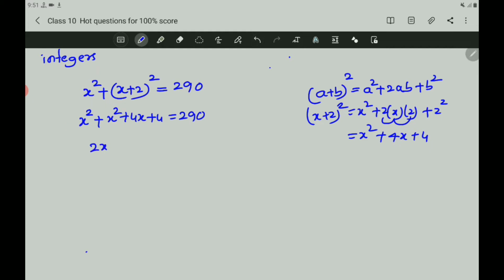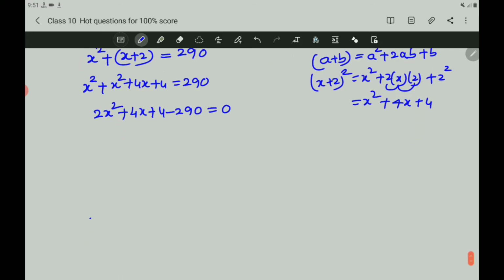That is 2x square, plus 4x as it is, and plus 4. Transfer this 290 to LHS. That becomes minus 290 equals 0. Then you write 2x square as it is, plus 4x also as it is, then plus 4 minus 290.